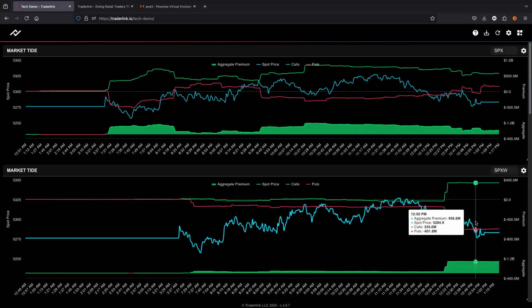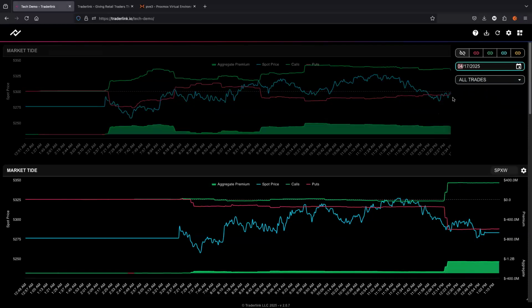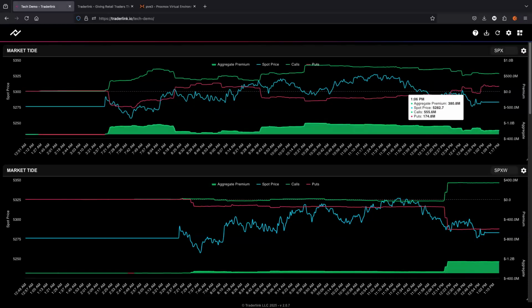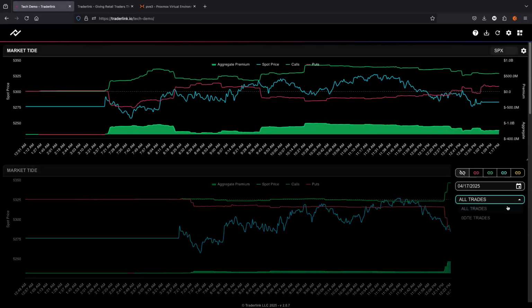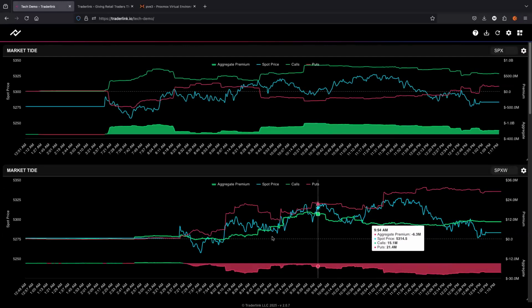We can see calls being bought, puts being sold, or the opposite. We can look for zero DTE. We can look for non-relational moves, where things were coupled and then they uncouple, and then base our assumptions around that.